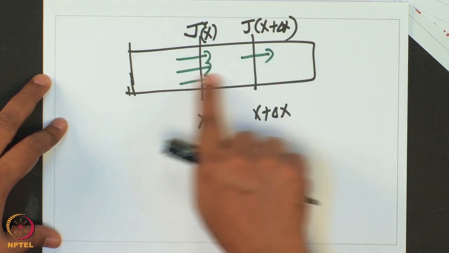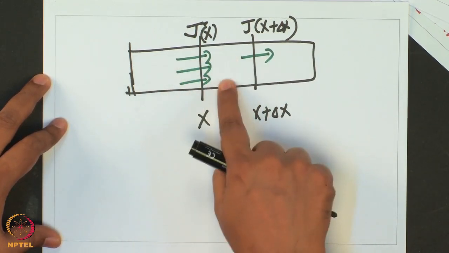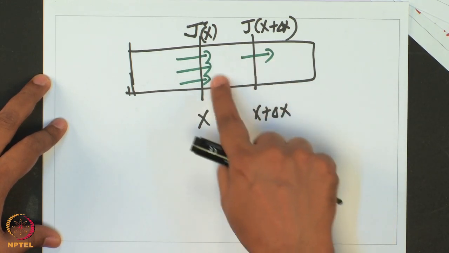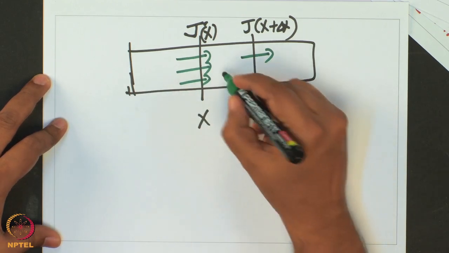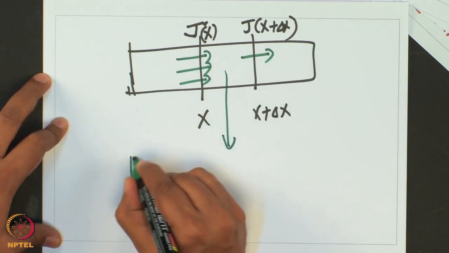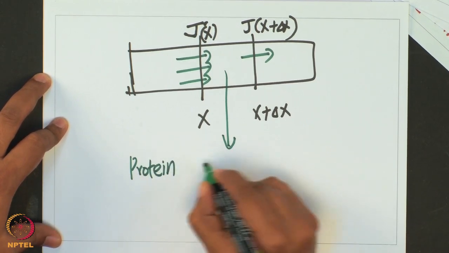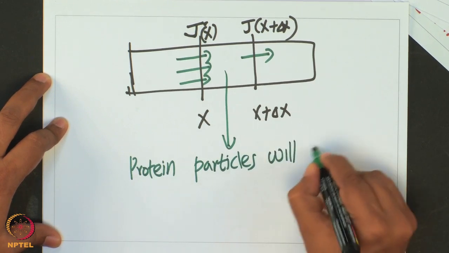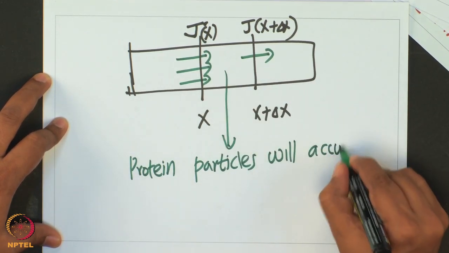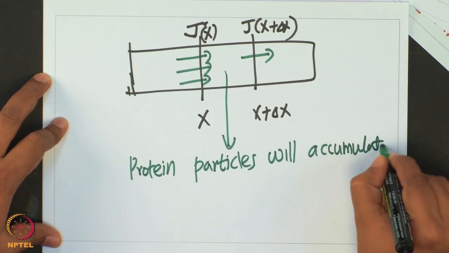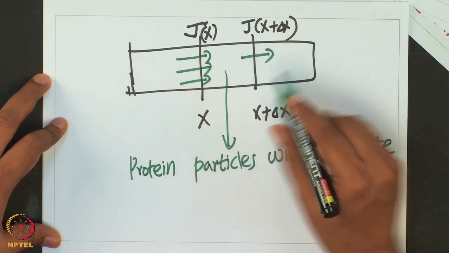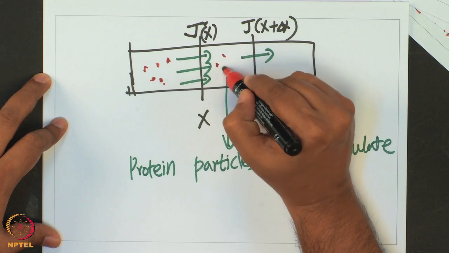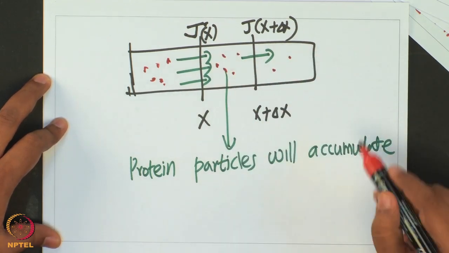Whatever comes in, a lot of particles are coming in, 300 particles are coming in, but only 100 particles are going out. What does that mean? That means here the protein particles will accumulate. This means that protein molecules will accumulate at this point. There will be an accumulation of protein particles because a lot of protein particles are flowing in and only few are flowing out.